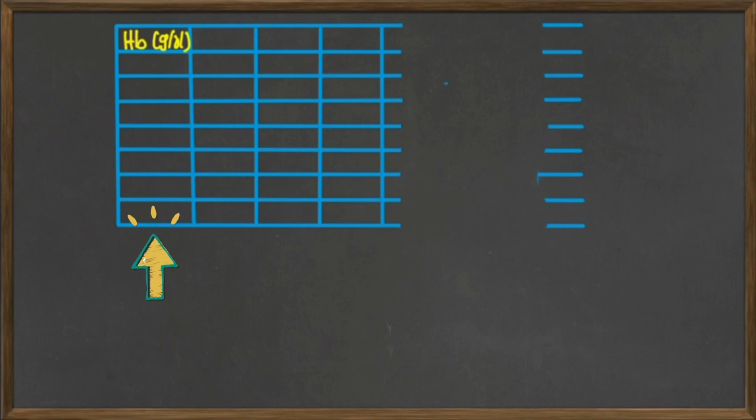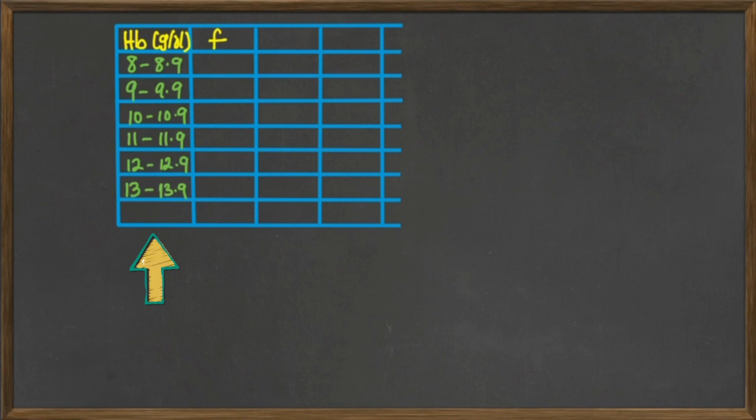Always remember to put your unit. The groups first, and then we'll put each corresponding frequency. The first frequency is 20, the next is 12, and then 16, and then we have 3, we have 8, and we have 7. Awesome.